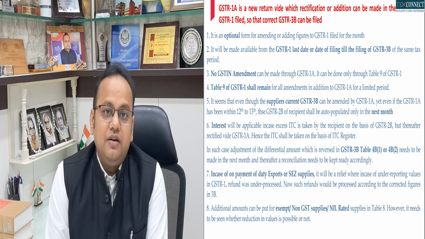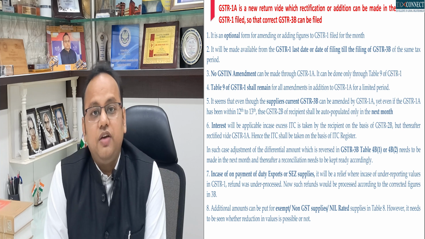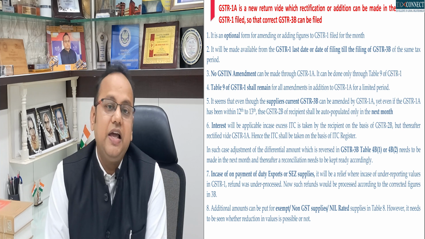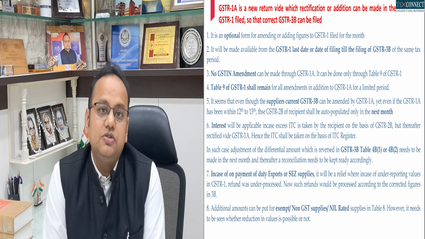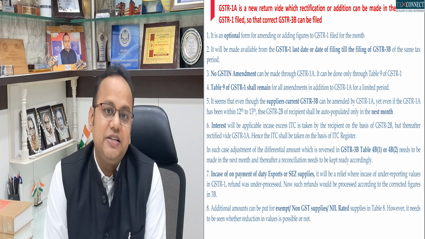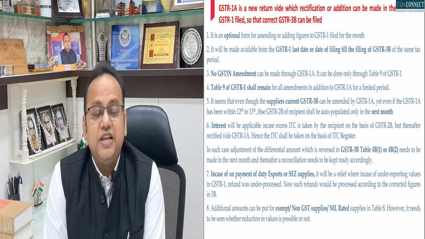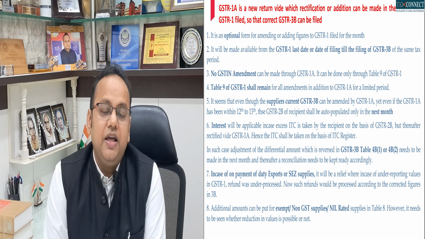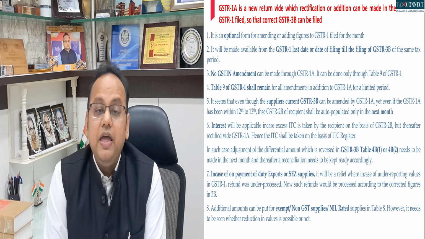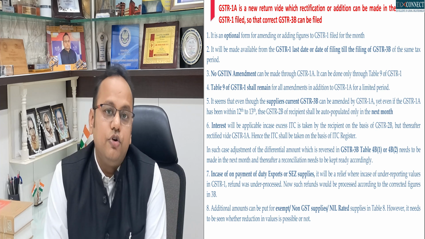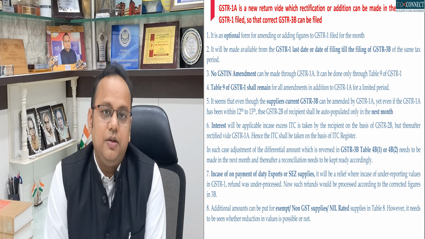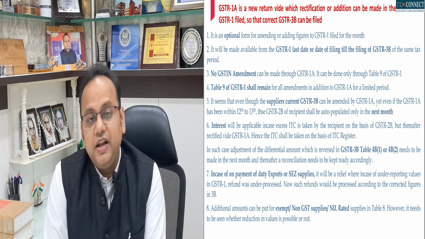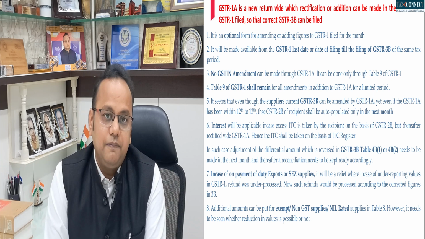Where the amount of the invoice should have been 100 plus 18, it declares only 90 plus 16 GST, and the refund is also generated earlier as 16. However, now you can file GSTR-1A in the interim period, and GSTR-3B can also be rectified on the basis of 1A, and the scroll in the customs would be generated on the basis of GSTR-1A, 1 and 3B. Therefore, the correct refunds can be generated.